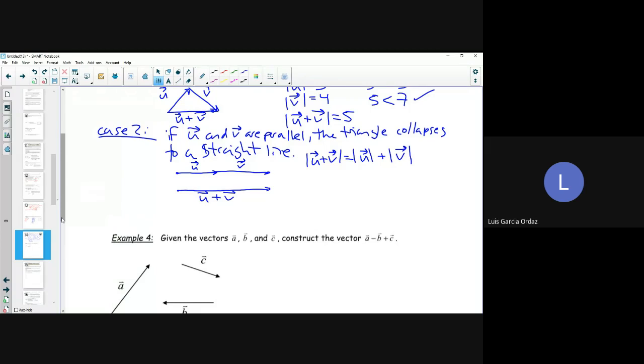Because it's a single line, I don't really have to do anything with triangles and angle theorems, so I can safely assume that the magnitude of u plus v is the same as the magnitude of u plus the magnitude of v. Which means I have proven that the magnitude of vector u plus vector v is less than or equal to the magnitude of vector u plus the magnitude of vector v.